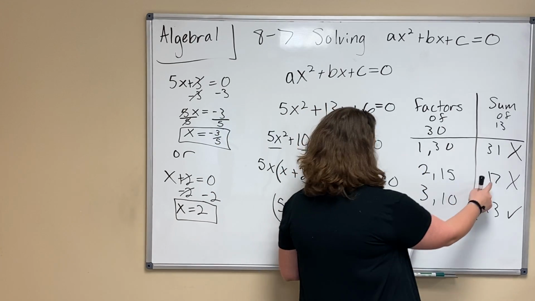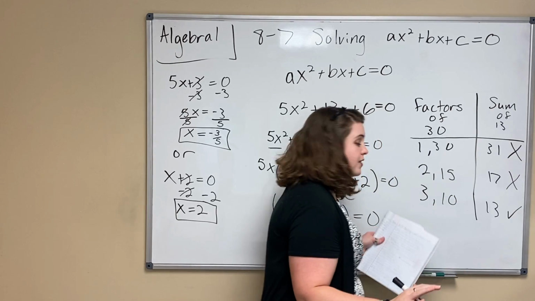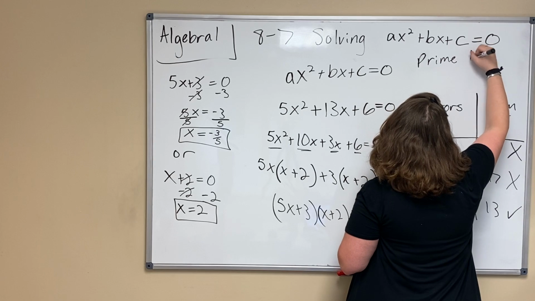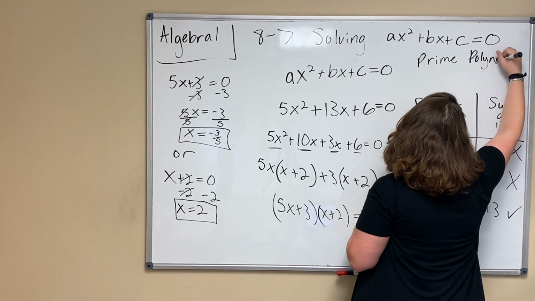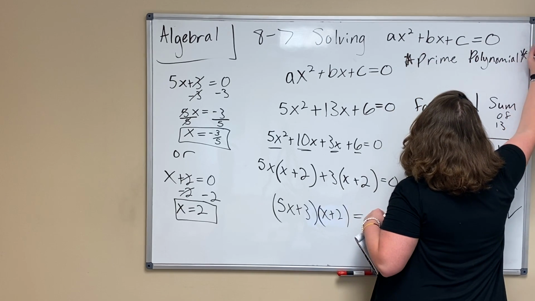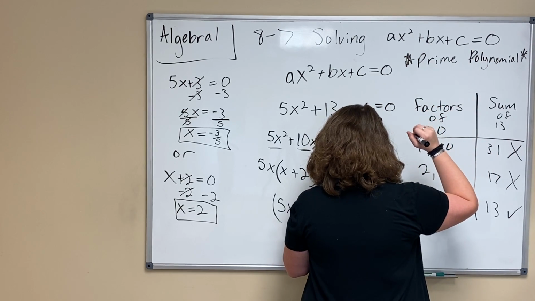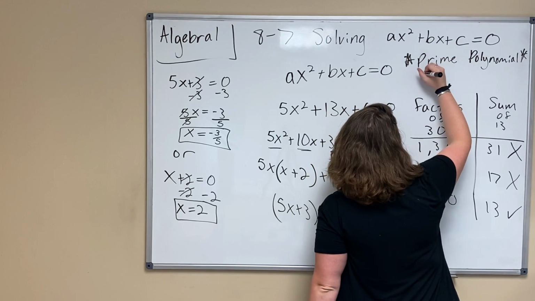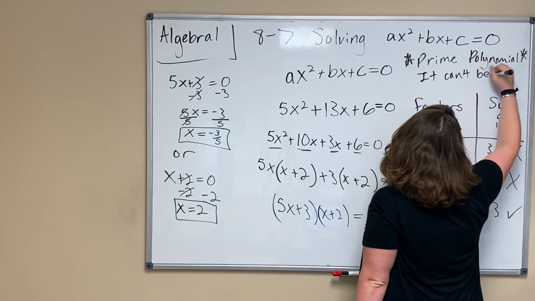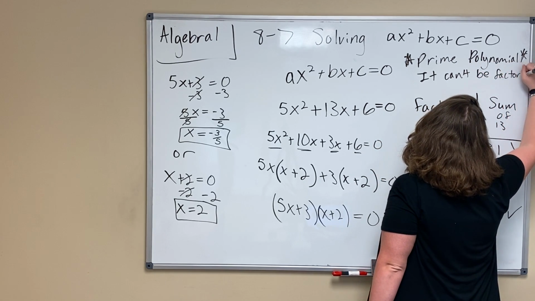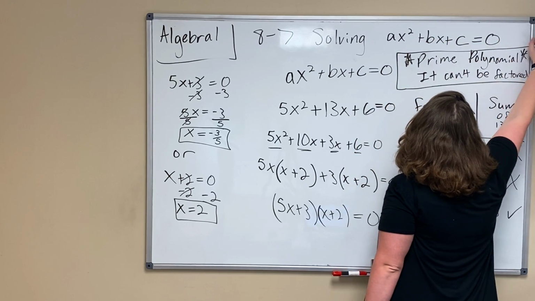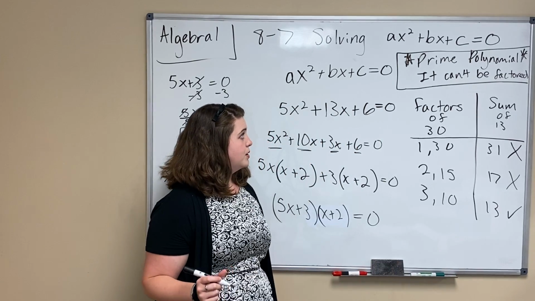Whenever there are no factors that add up to the sum, it means it can't be factored, and we're going to call that a prime polynomial. Prime polynomial. That means, basically, we're just saying it can't be factored. That's all we're saying when we label it prime polynomial.